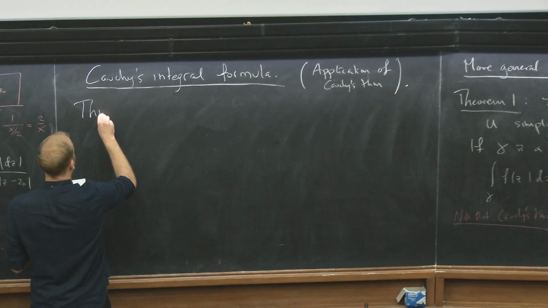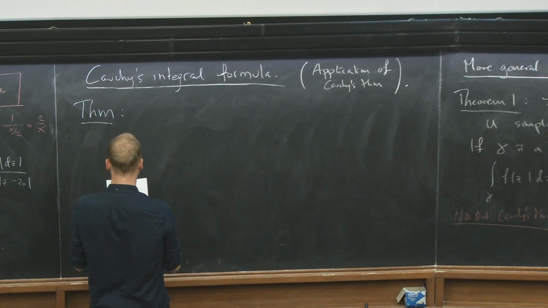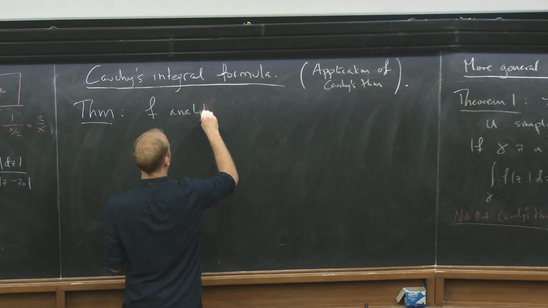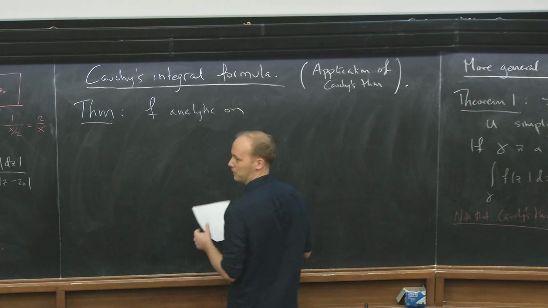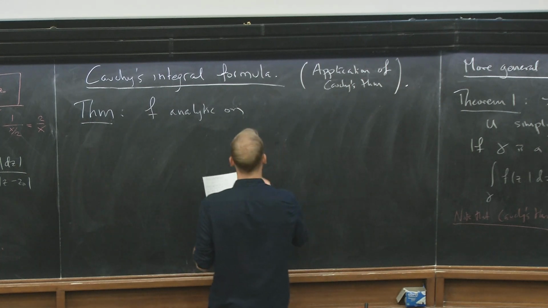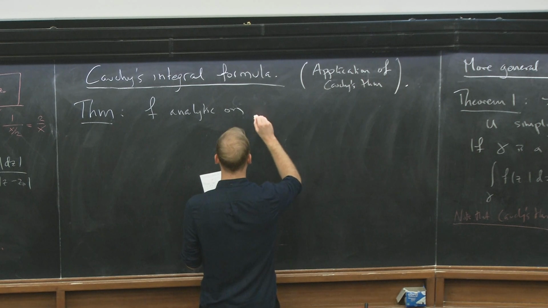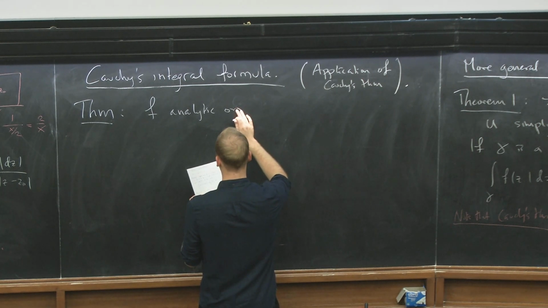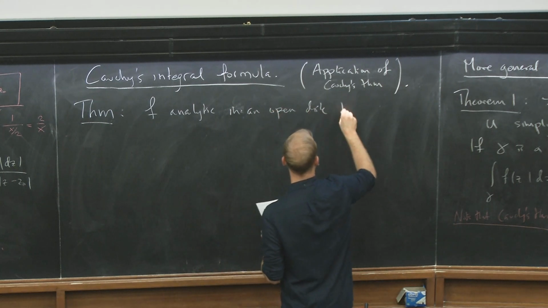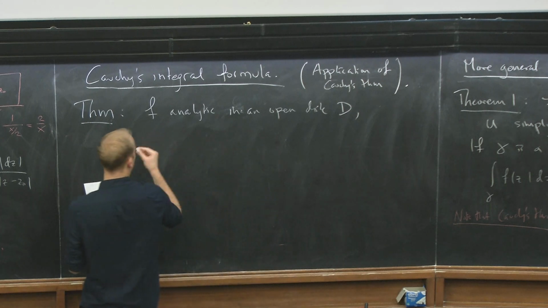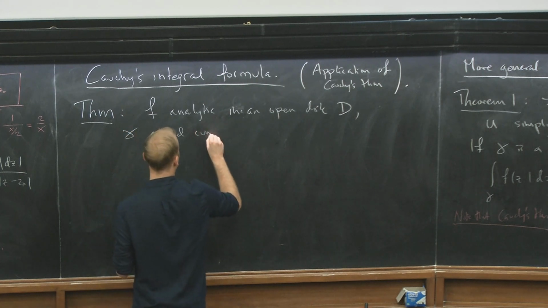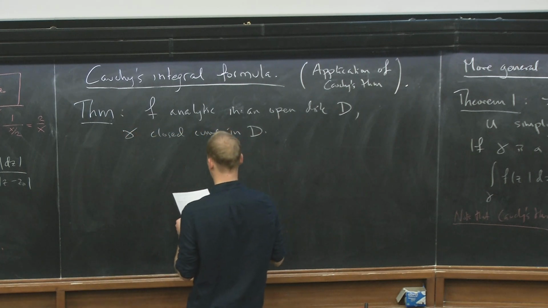OK, so the statement of this is as follows. So suppose that f is analytic. And now I go back to considering these disks, right? Again, not optimal regularity, but let me do that. This is what we do in Ahlfors as well. So it's analytic in an open disk D and gamma is a closed curve in D, closed path.